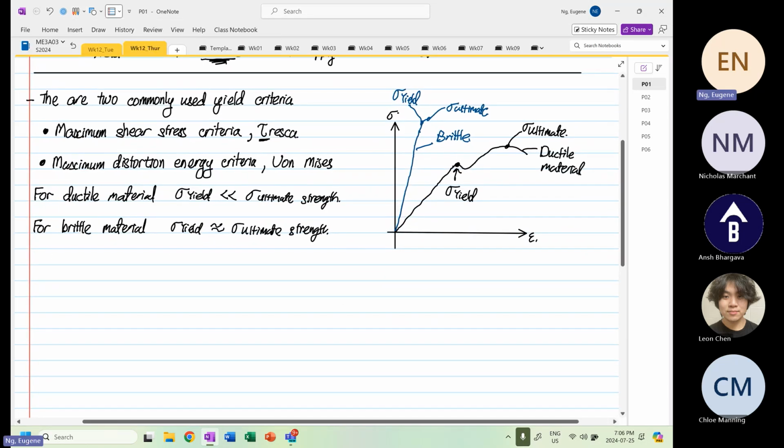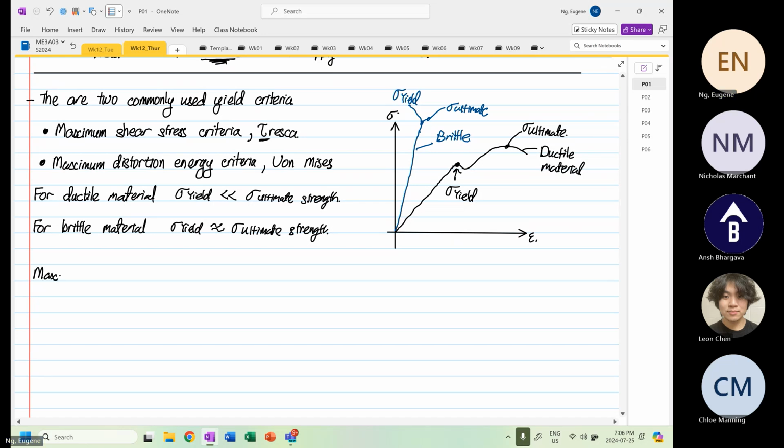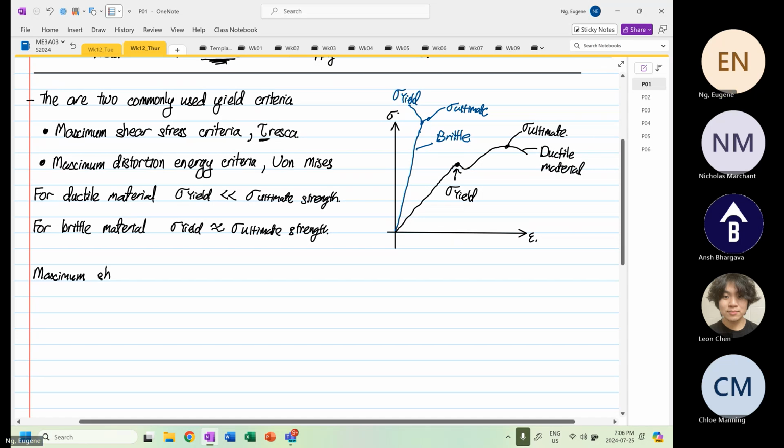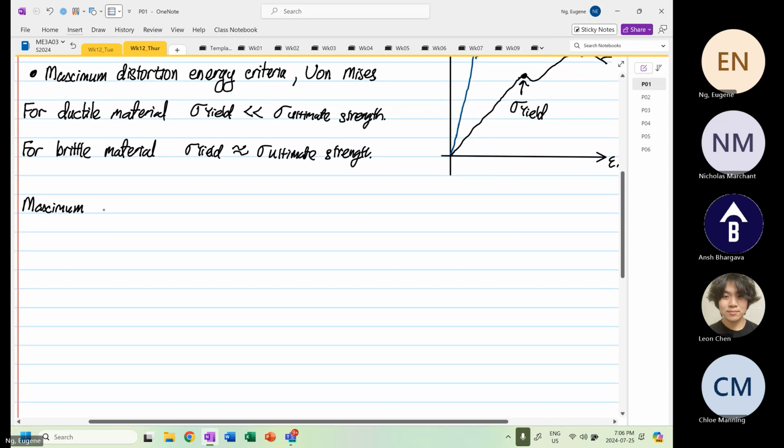So we're going to focus on the maximum shear stress criteria for ductile material.